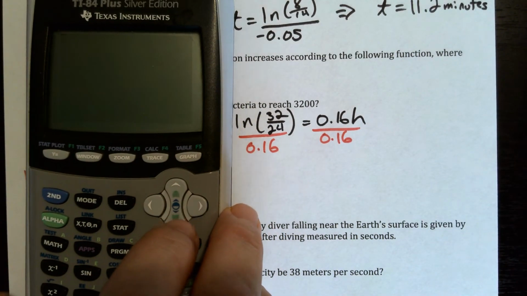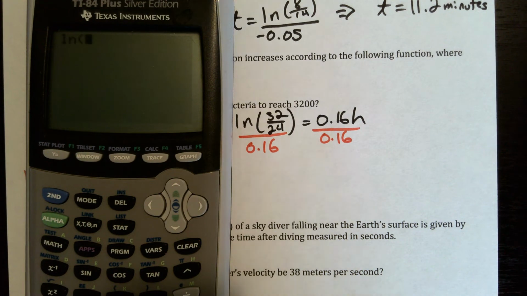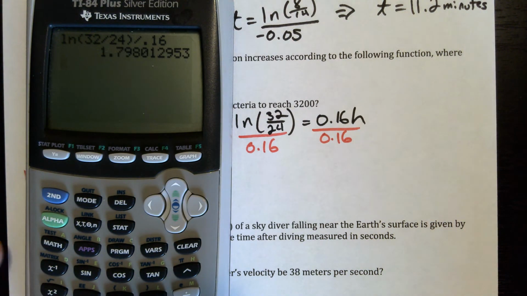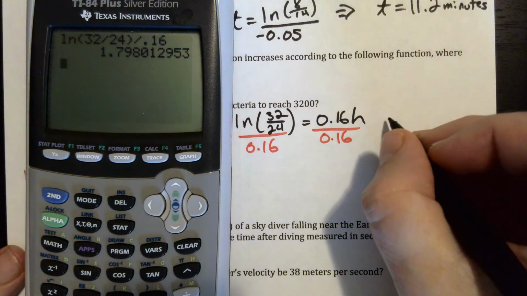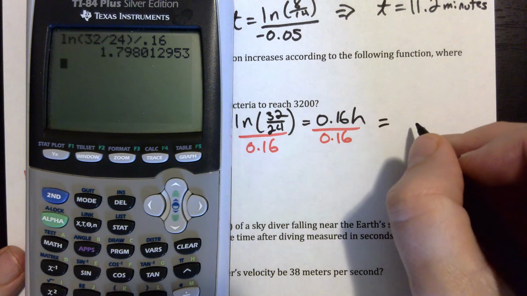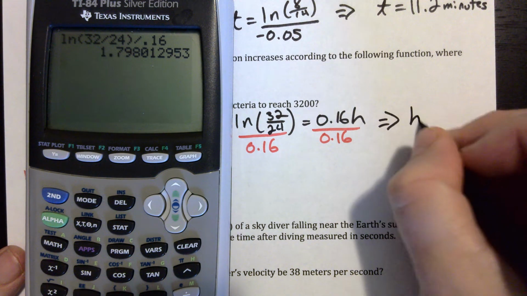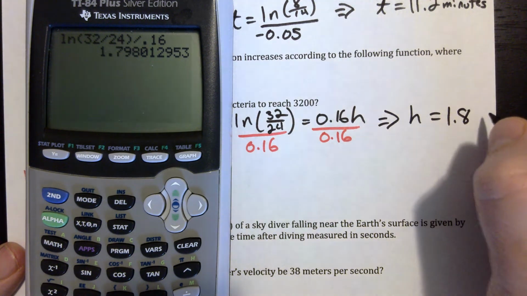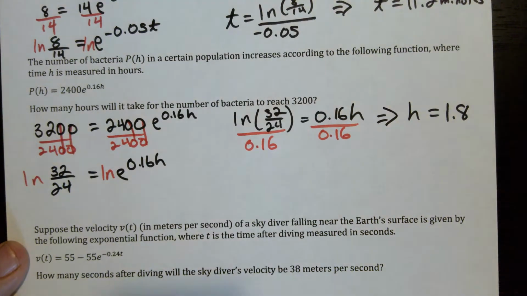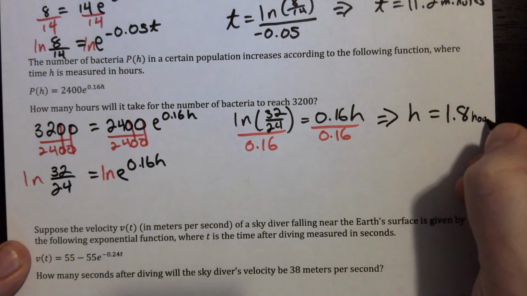Okay, so we've got ln of 32 over 24 divided by 0.16. Okay, so remember nearest tenth, so we round that up to 1.8. So h is equal to 1.8, and I believe it was hours.